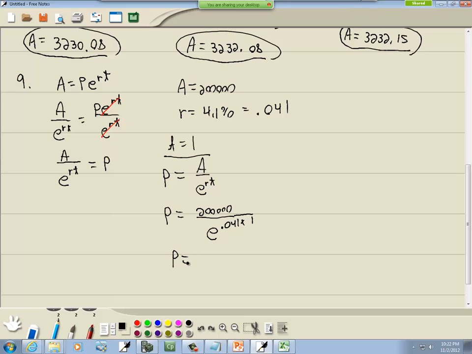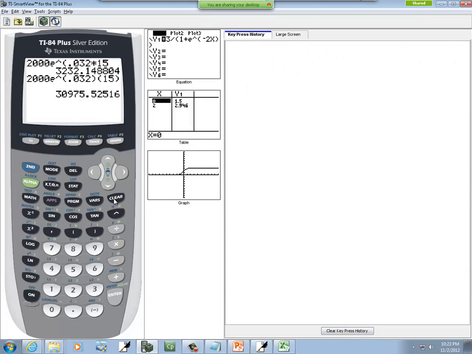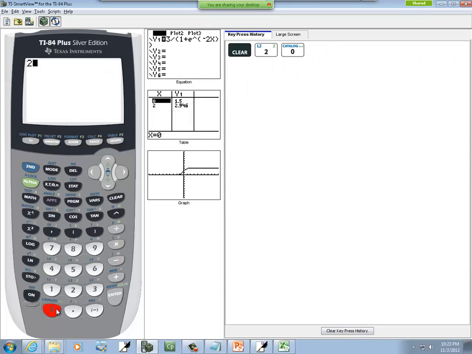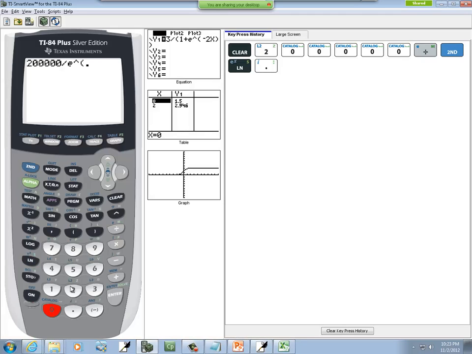Now you have to be careful when you plug these in your calculator. Let me come over and show it. Put 200,000 in. Is that 200,000? No, that's 20,000. 200,000. Then divided by e, you do second ln, 0.041 times 1.